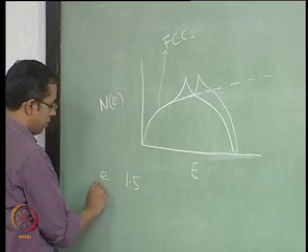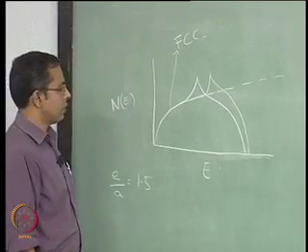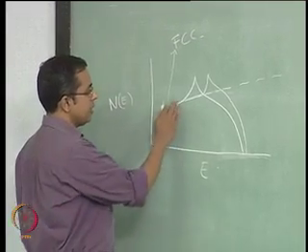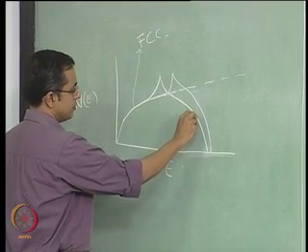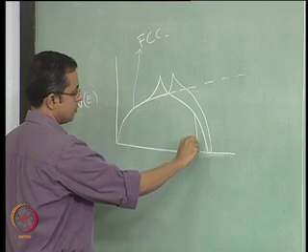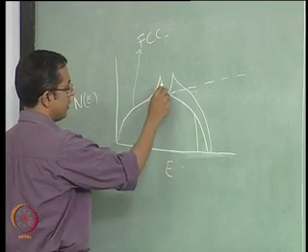Now supposing you have E by A equal to 1.5. We have already seen that in the original FCC structure it would fill up to here. Okay, so up to this energy level, this is what would get filled up.